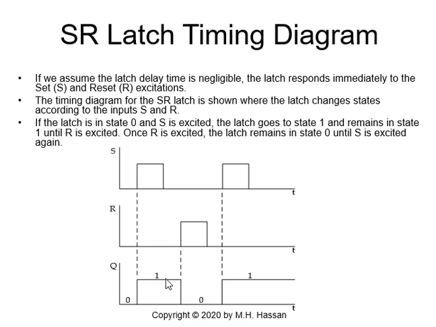It will remain 1 until R is excited. When R is excited, we'll find Q, the output of the latch, goes to 0. But if S is excited again, Q will go back to 1, and so on and so forth. So this is how the timing diagram gives me a graphical understanding of how the SR latch works.